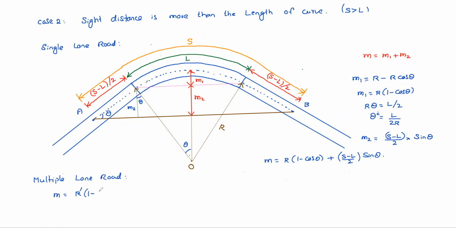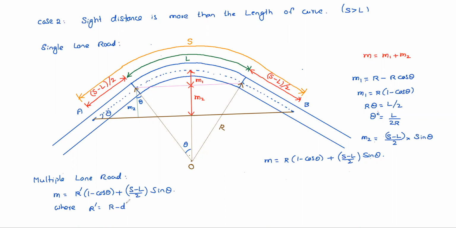R dash into 1 minus cos theta plus S minus L by 2 into sin theta. Same formula, except in place of R, R dash will be there, where R dash equal to R minus D. Same as before, okay? D already explained.